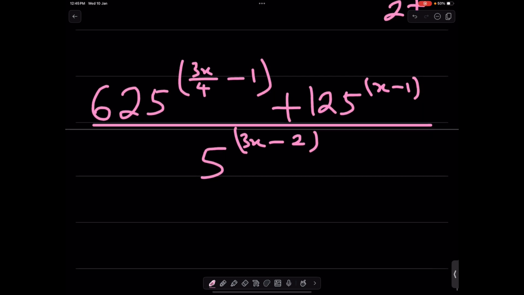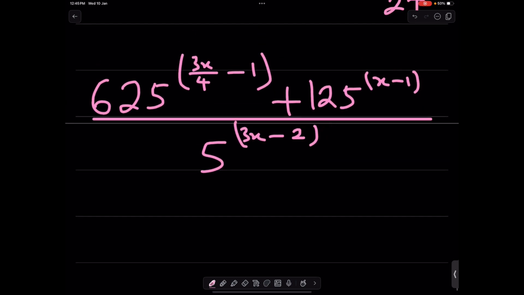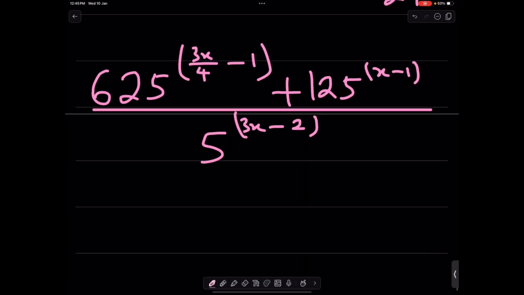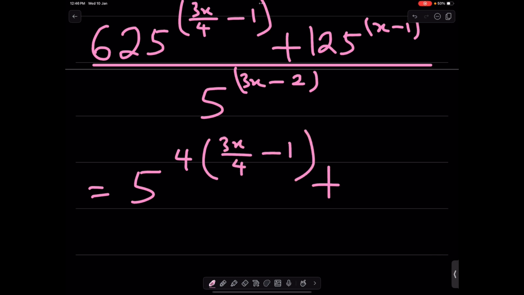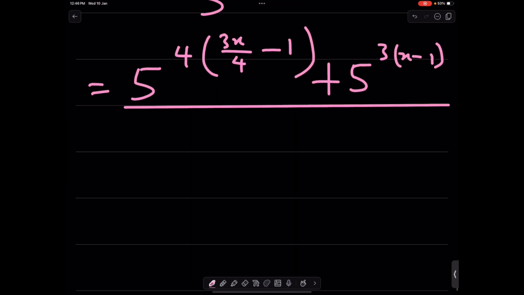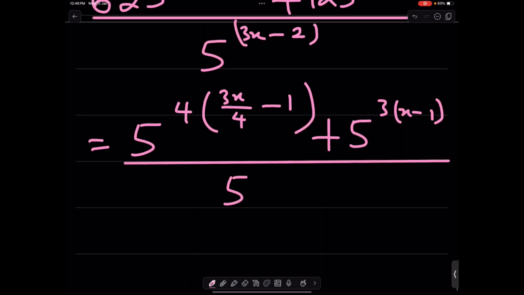Now, first of all, let's write 625 and 125 as powers of 5. So that will be equal to 5 raised to power 4 into bracket 3x over 4 minus 1, plus 5 raised to power 3 into bracket x minus 1, all over, the denominator is already a power of 5, 5 raised to power 3x minus 2.